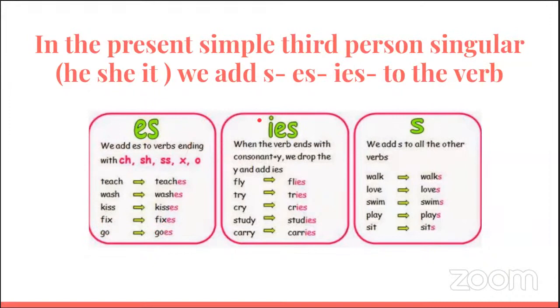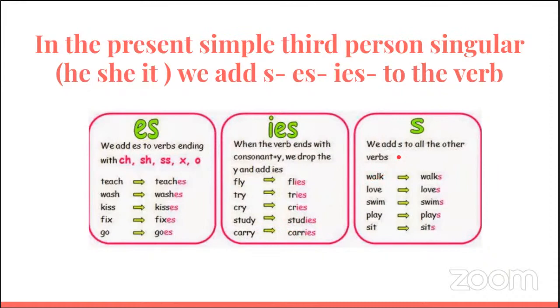For verbs that end in Y, we are going to eliminate Y and add IES. So from fly, flies, try, tries, cry, cries, study, studies, carry, carries.